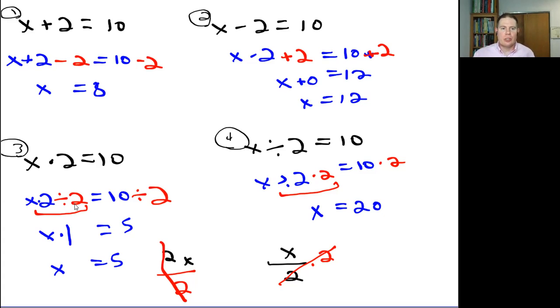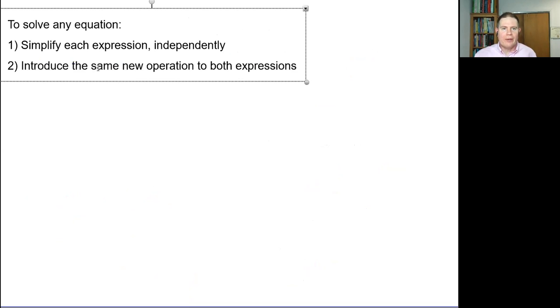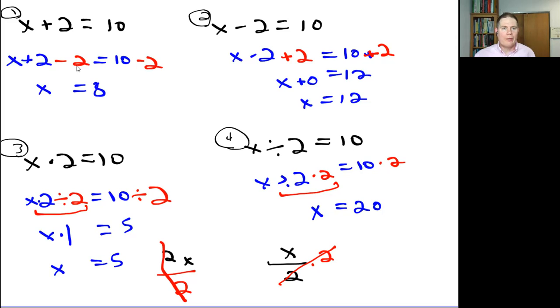I'm not introducing the operation to just one part of the expression. I'm introducing it to the whole expression here, and the same new operation to this whole expression here. Once I have introduced that same new operation to both expressions, what did I do? Once I have this minus 2 here, what did I do?